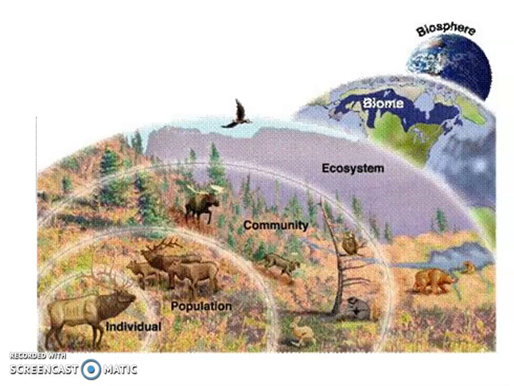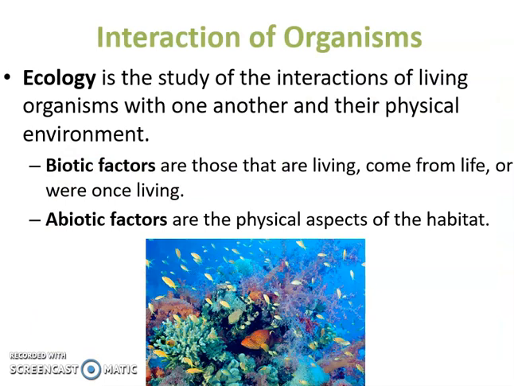First of all, ecology by definition is the study of interactions of living organisms with each other and their physical environment. We classify factors based on whether they are living, but it also can be things that come from life or were once living. We could talk about, for example, leaf litter on the bottom of the forest floor.